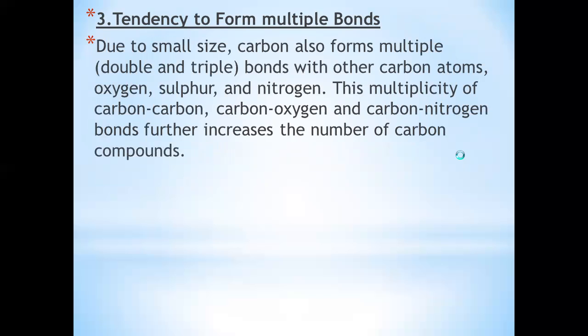The next reason is the tendency to form multiple bonds. Due to small size, carbon also forms multiple bonds, that is double and triple bonds, with other carbon atoms, oxygen, sulfur and nitrogen. This multiplicity of carbon-carbon, carbon-oxygen and carbon-nitrogen bonds increases the number of carbon compounds.